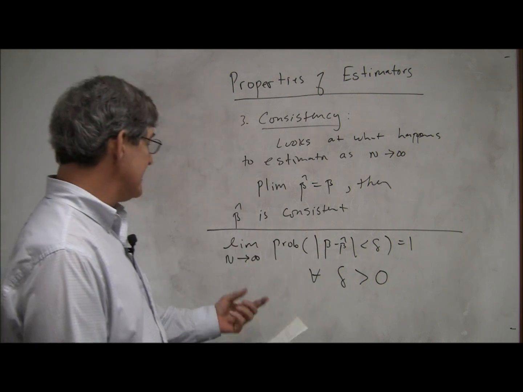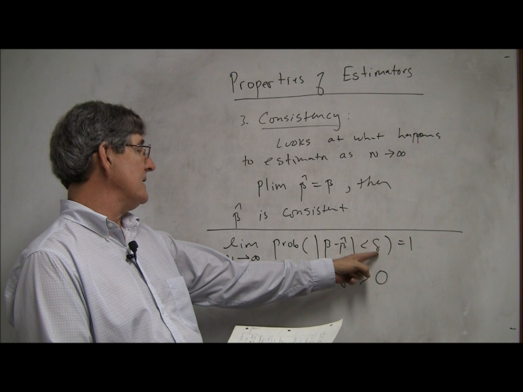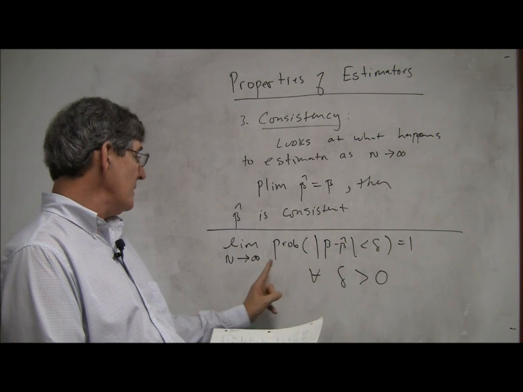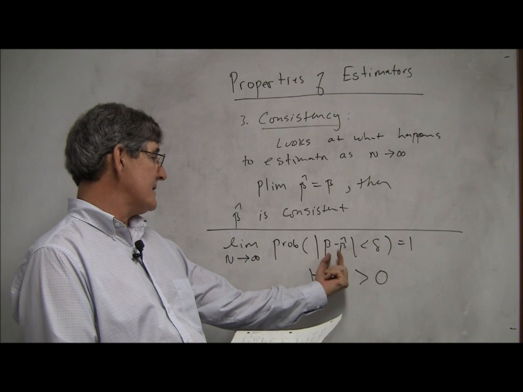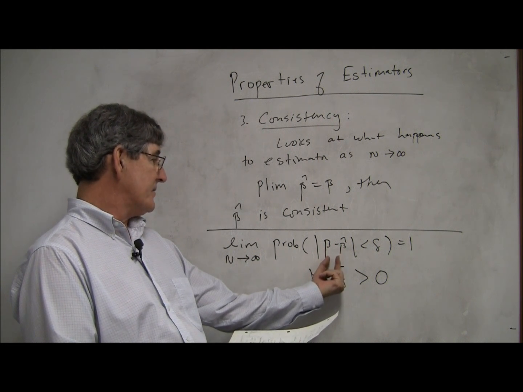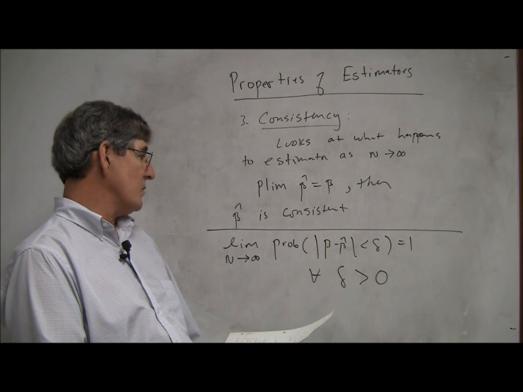It just says as n gets bigger and bigger, I can make delta as small as I want. If I let n get large enough, the probability that I'm closer to the true value than delta is 1.